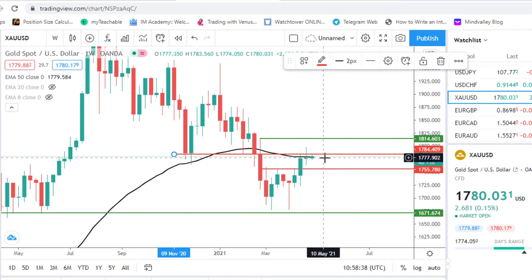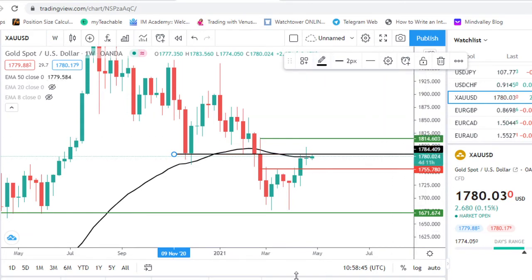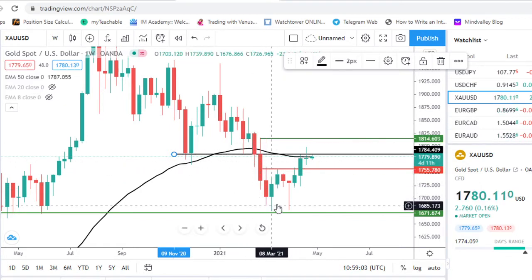All right, so below this, let me change that to black. So below the black 184.4, I'll be looking to sell. So I'll look to sell it down like this as long as it remains below this. If it closes above this area, then I will be looking to do a buy. But for now, I think this push is like a close below this area and then a retracement.